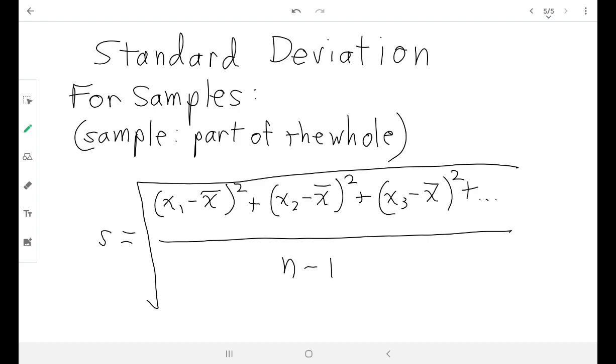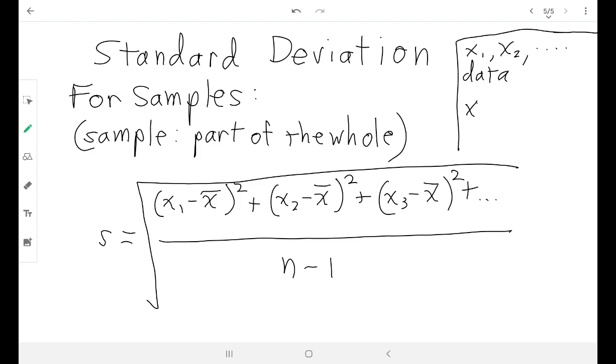So now I got to tell you what this is. So I'll put in a little box up here. X sub 1, x sub 2, and so on and so on and so on. These are the data. Okay. So x sub 1 is the first piece of data, x sub 2 is the second piece of data, and so on and so on and so on.